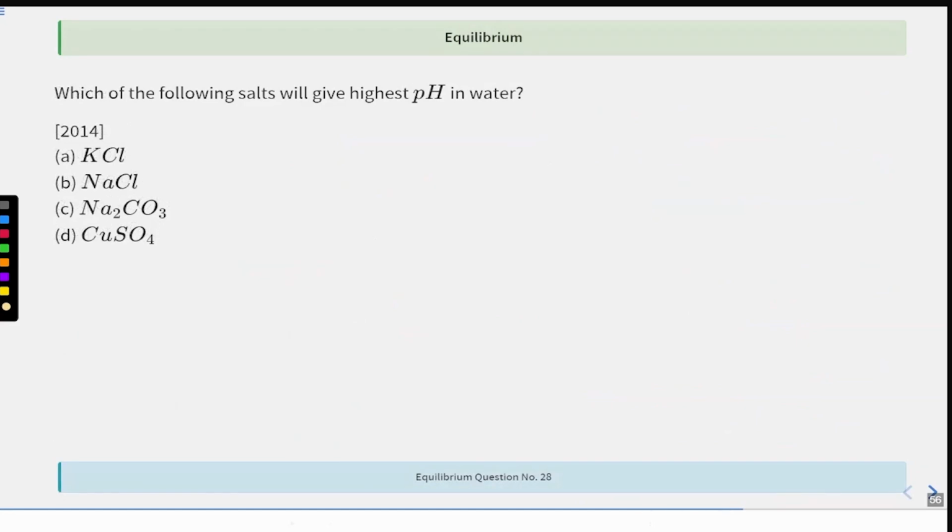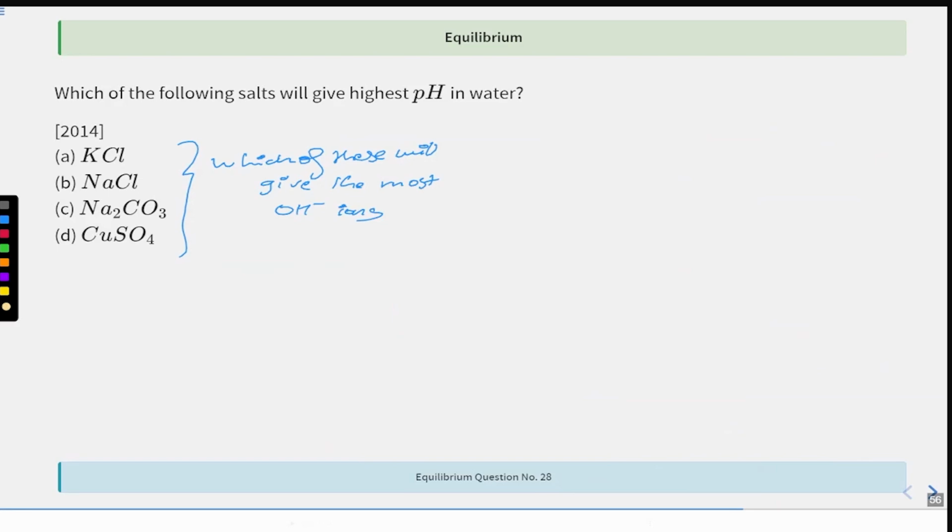Now, which of the following salts will give the highest pH in water? So we know higher pH is more basic. So you have to see which of these in water will give the most OH minus ions.